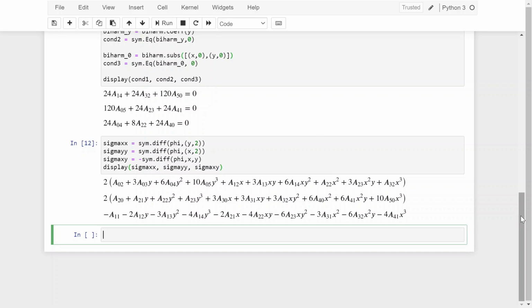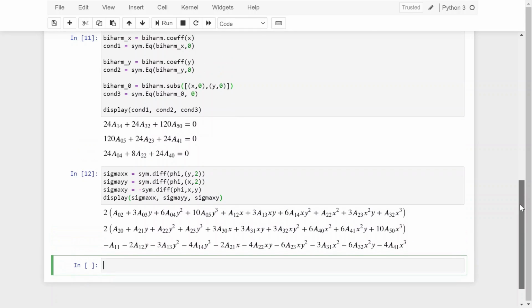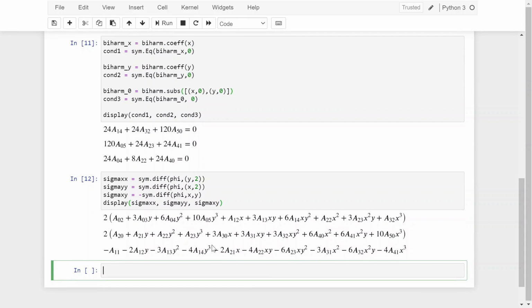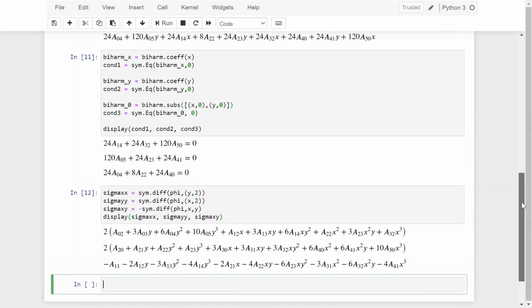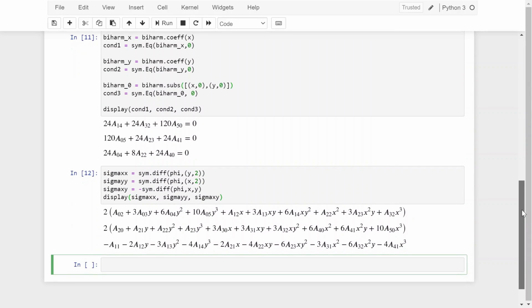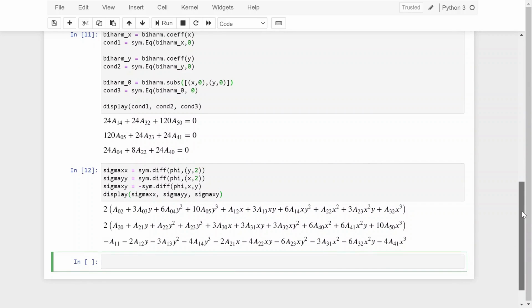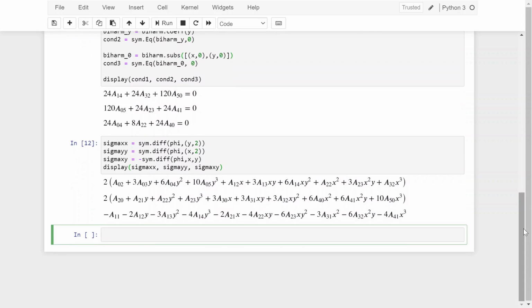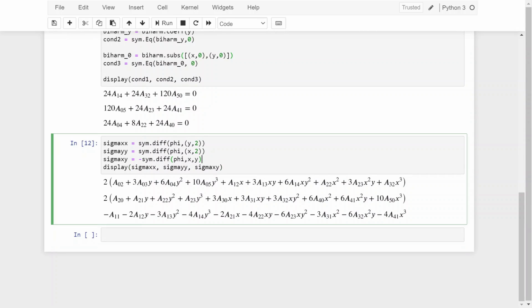Because we are writing down a lot of expressions, and already we are in input cell number 12, things can get out of hand pretty quickly. So it might be a good point to start writing these things down in a slightly more systematic fashion using the IPython display style. So we'll do that now.